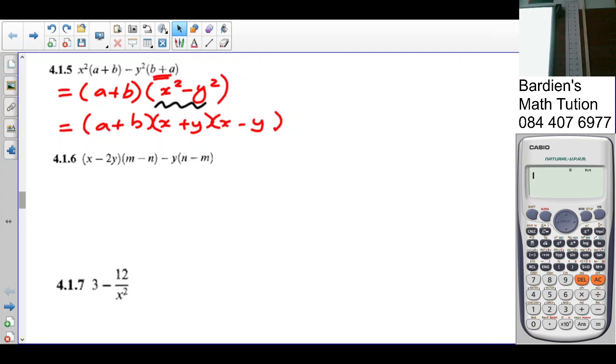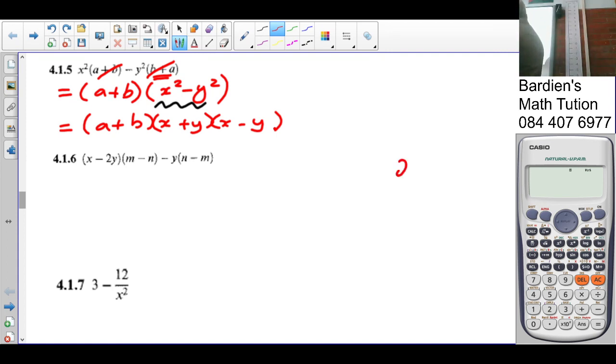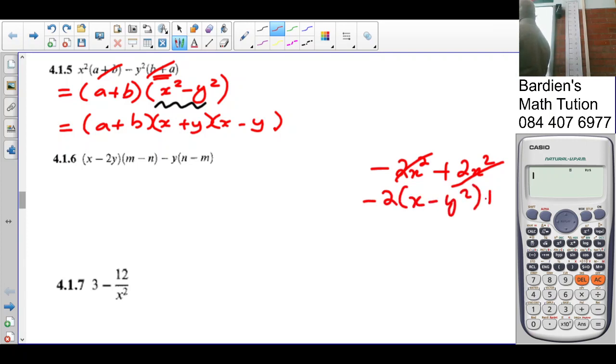How can you cancel? You must take out the common factor. They can't cancel. No, they can never cancel. The only time they can cancel is if you've got 2x squared minus 2x squared plus 2x. You see that cancels. Or if you have negative 2 into x minus y squared plus 2 into x minus y squared. That cancels.